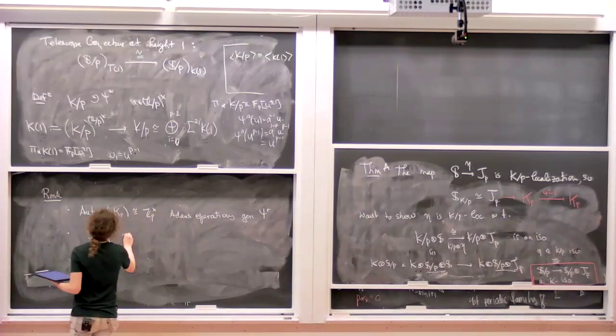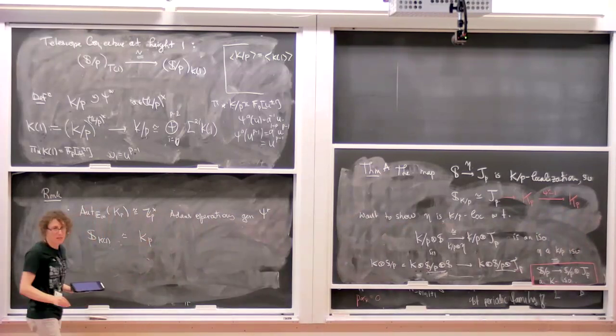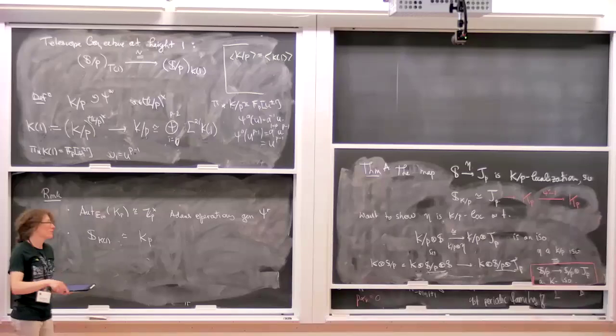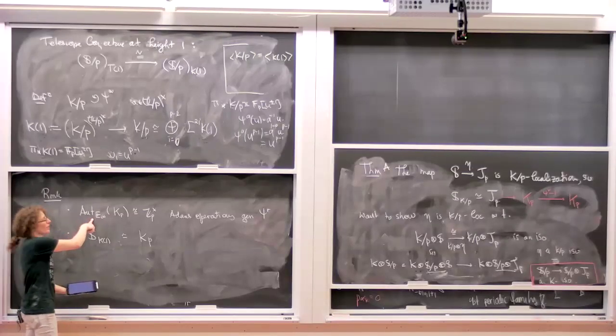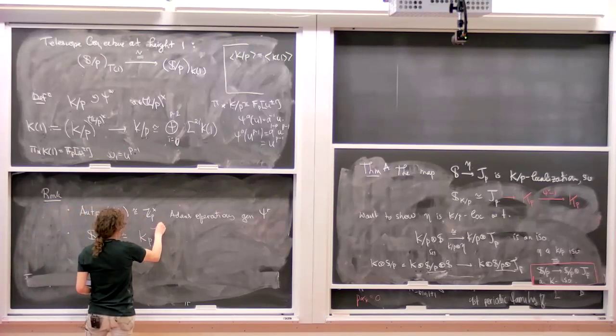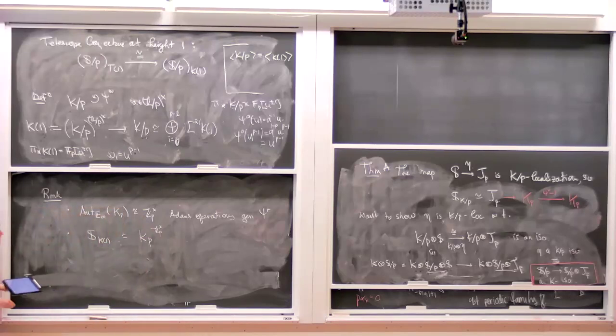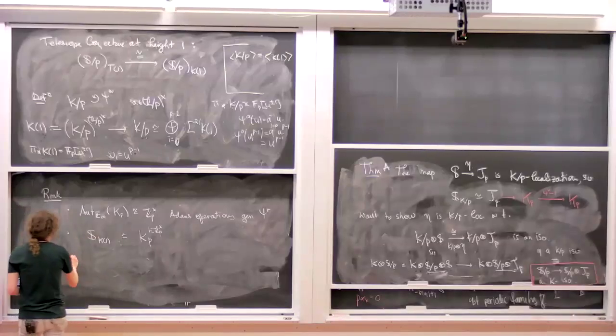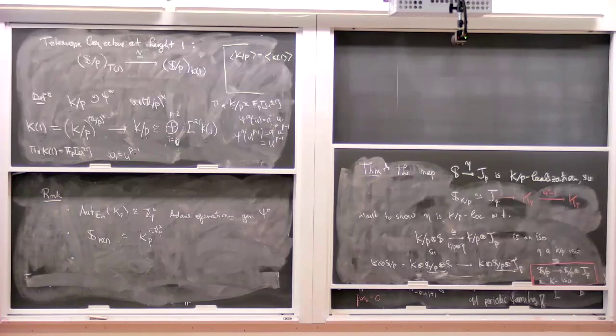So SK1 was K_P with fixed points, this guy. Let me write it as Z_P cross, but the important part is that these are the E infinity ring maps of this guy. Of course, I've been very loose with my limits. I always mean homotopy limits, homotopy fixed points. For some reason, I have a harder time not putting that H there, even though I've been loose. So that was theorem A.